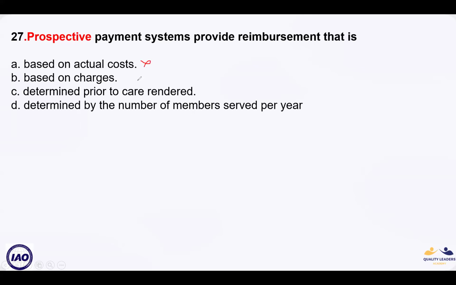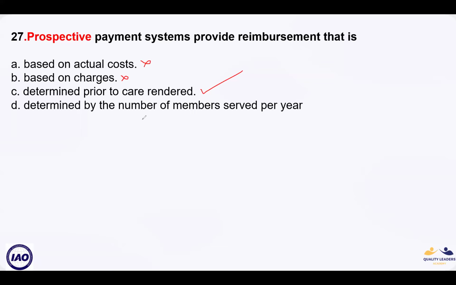Based on charges, again, this is fee for service. I mean, here providers charge per service and get paid per charge. This is again retrospective, so not the prospective payment system. It is determined prior to care rendered. Yes, that's what we were talking about. Prospective, predetermined before the care happens. So payment based on predetermined fixed amounts is the prospective payment system. And it is determined with the number of members served per year.